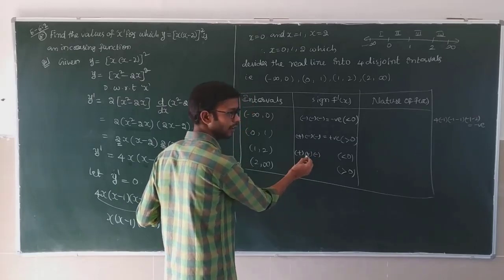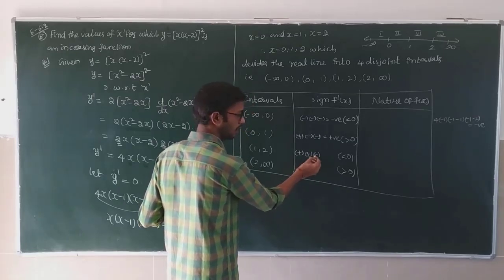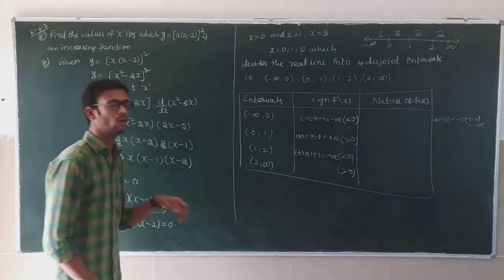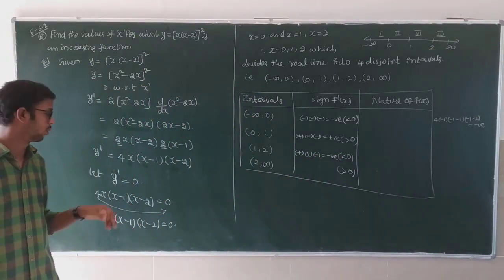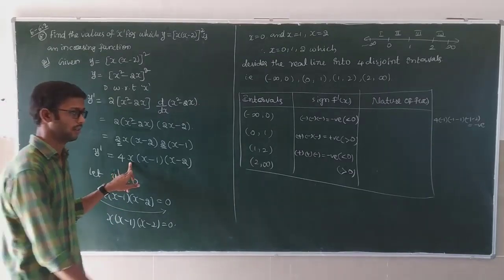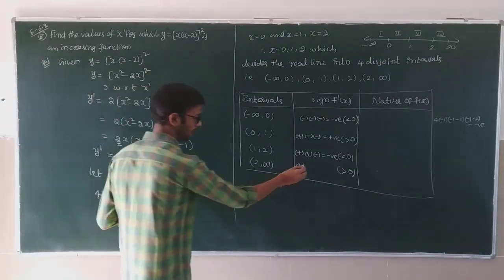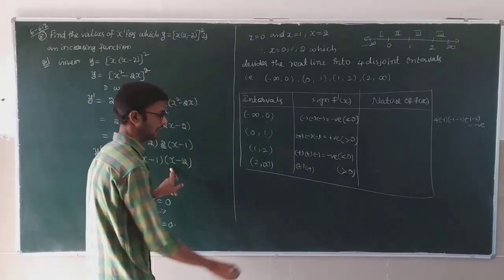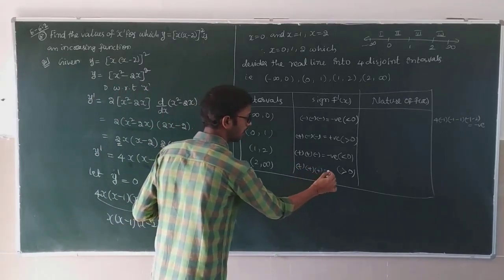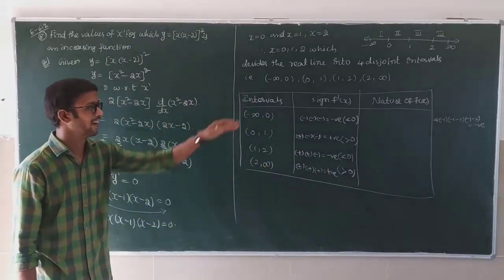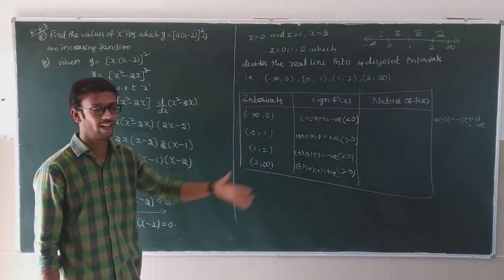Plus into minus is minus, so negative. For 2 comma infinity, more than 2, take 3: 3 positive, 3 minus 1 positive, 3 minus 2 positive, so positive, greater than 0. Once one is found properly, the remaining alternate.